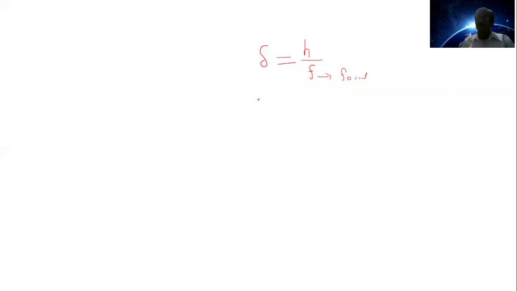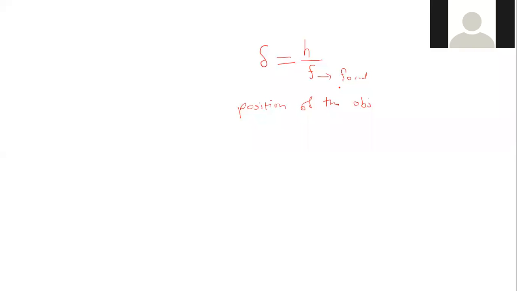Can the deviation produced by the lens depend on the position of the object? Yes or no?